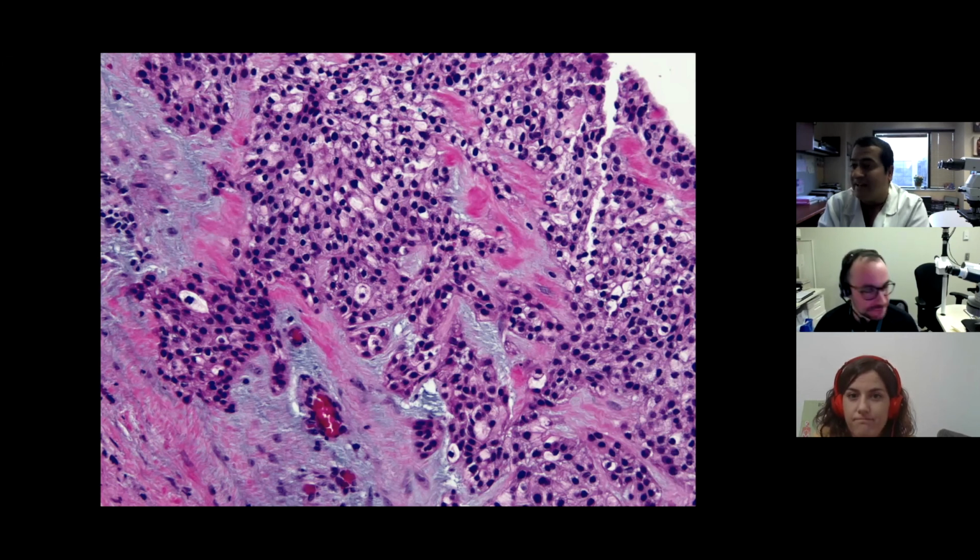It's P63 positive, TTF negative, so you can easily go down that path. But the clue is this hyalinized, salivary gland type stroma and the bland cytology, it does not look overtly malignant like a squamous cell carcinoma. And then the EWSR fusion in this setting is diagnostic. It's with ATF1, I think that's the partner, yes.